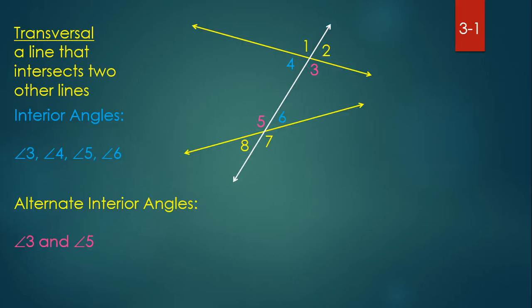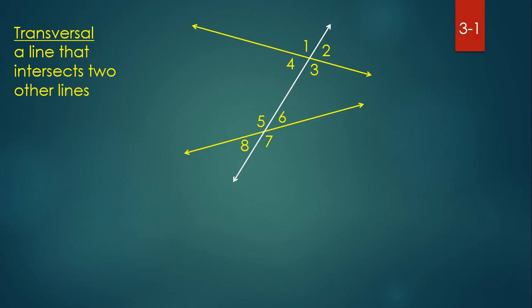Alternate interior angles are on opposite sides of the transversal from each other. So angle 3 and angle 5 are both interior angles, but they are considered alternate interior angles. And angle 4 and angle 6 are considered alternate interior angles. So you'll notice that alternate interior angles come in pairs.